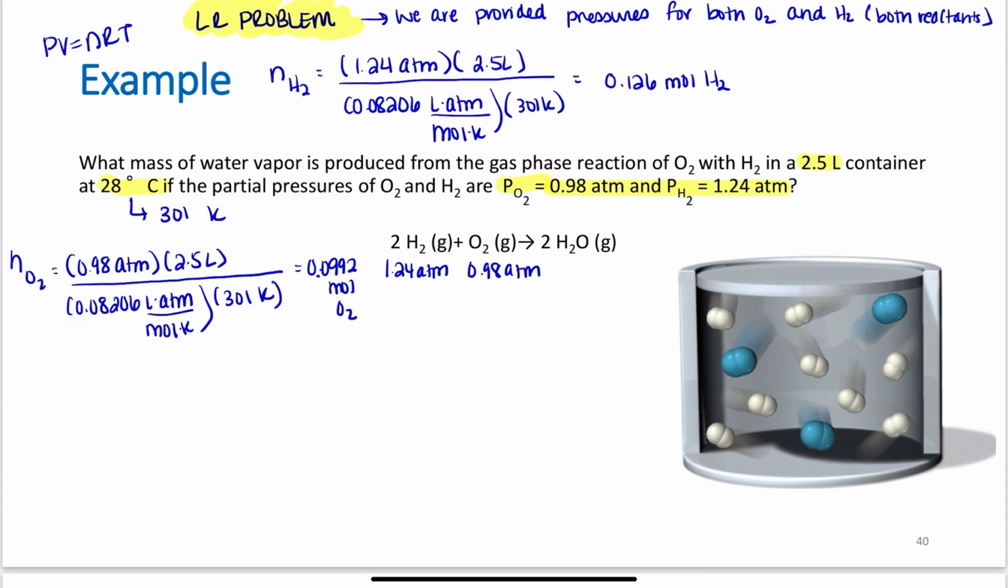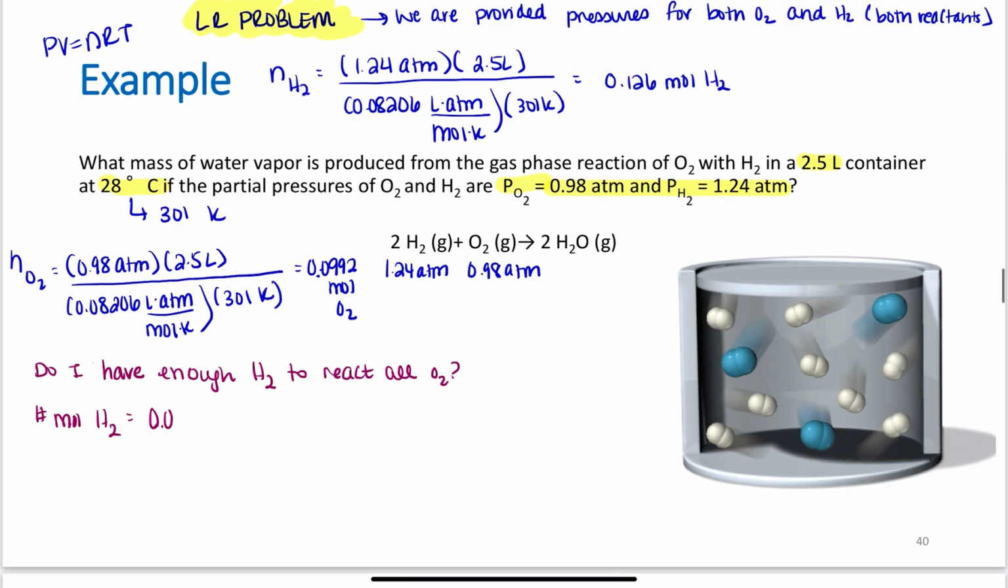So I'm going to ask, do I have enough H2 to react all of my O2? Number of moles of H2 needed.